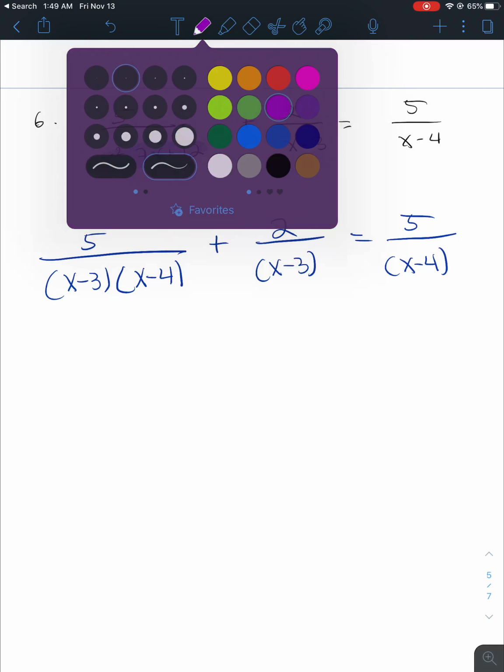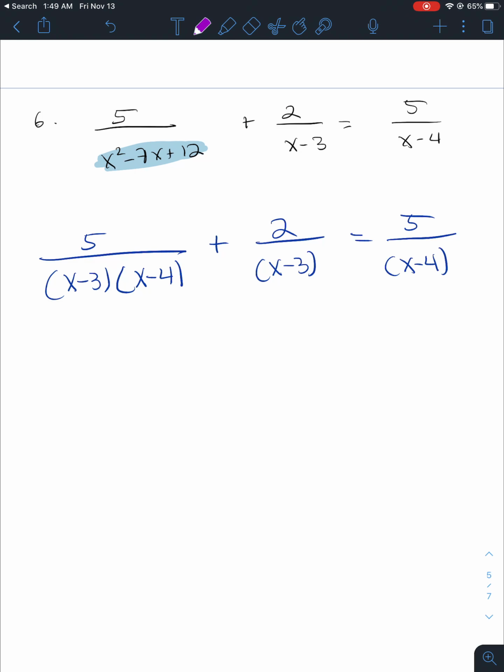So that idea that I said earlier about making all the same denominators and being able to get rid of it still applies here. So when I look at 2 over x minus 3, I notice that it's missing an x minus 4. So I multiply the denominator and numerator by x minus 4. When I come over here, I notice that it's missing an x minus 3, and that I need to do that to the numerator as well.